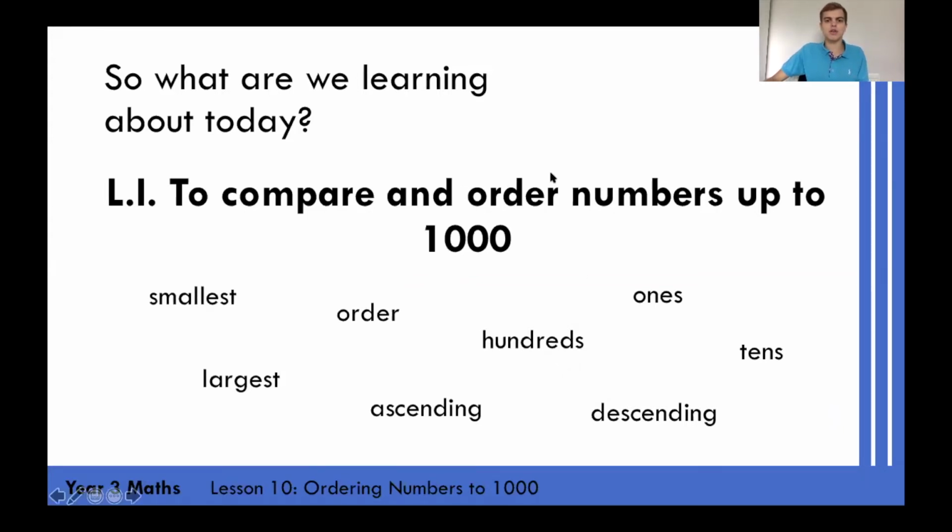Today, we're going to focus on the ordering part, and so how we can order two or more numbers from the smallest one to the largest one, or the largest one to the smallest one. So we're going to need to still use hundreds, tens and ones. We're going to need to know what ordering is, the smallest and the largest, and we're going to look at some words called ascending and descending, but we'll look at those in a minute. You might have heard them before.